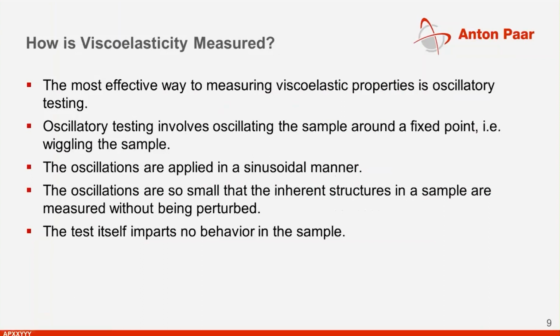Using a so-called amplitude sweep, where we are keeping the frequency constant and increasing the amplitude during the test, we can analyze how much force or how much torque we can apply to the sample without changing the inner structure. There we are talking about the linear viscoelastic range. By doing this, we can figure out the maximum force we can apply to the sample until it starts to break down.